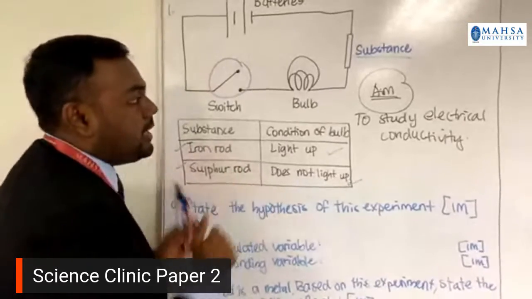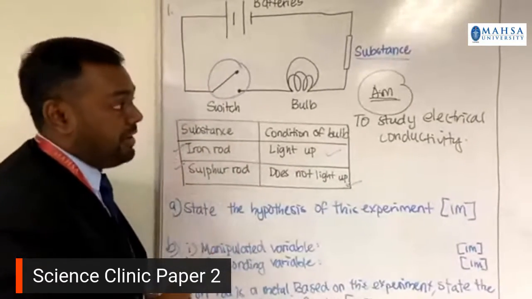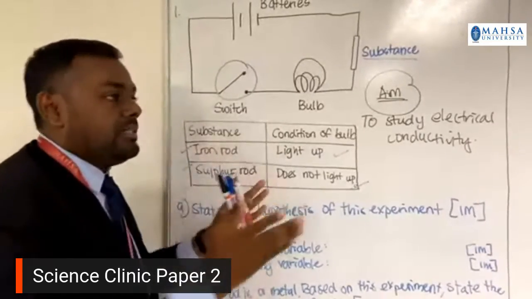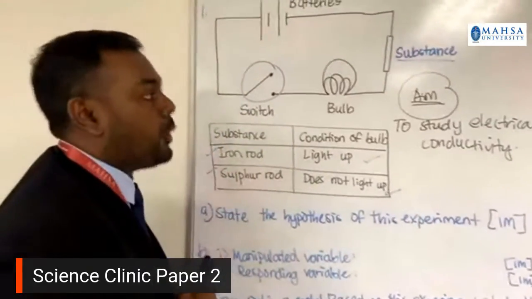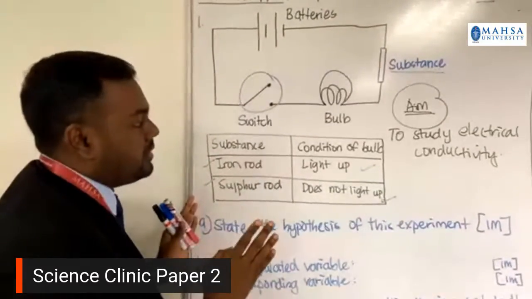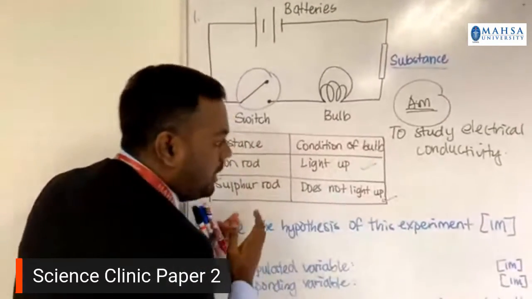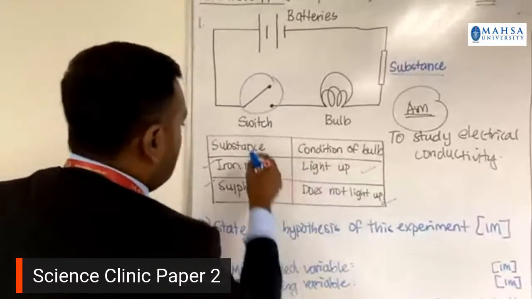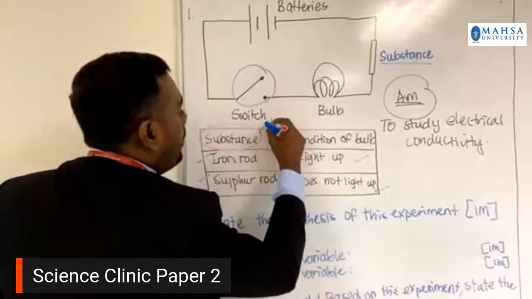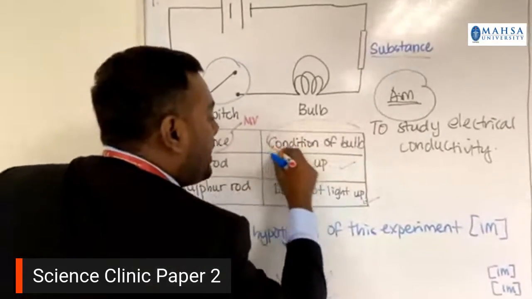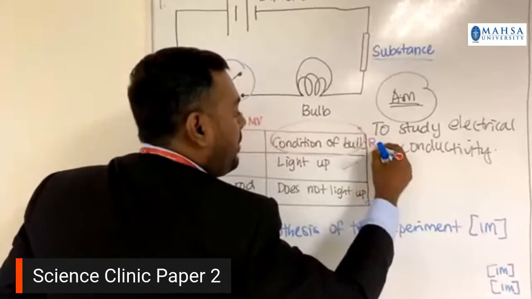Okay, and second, you must know what the variables are. For the variables, it's very simple. The answer is already in your question. Remember, when you are given results in table form, your left side is your MV, your manipulated variable, and your right side is your responding variable.